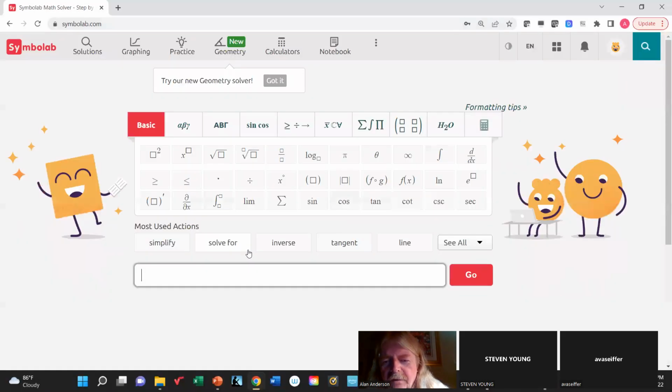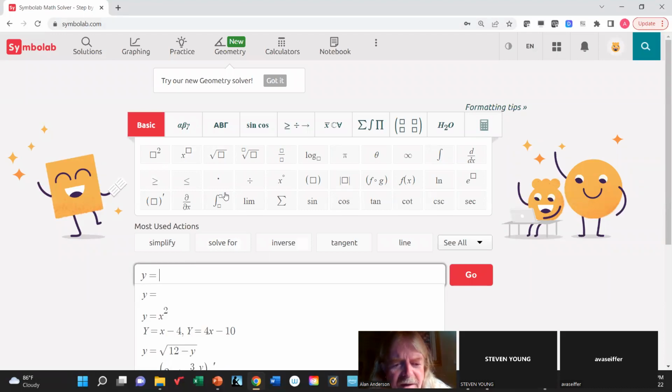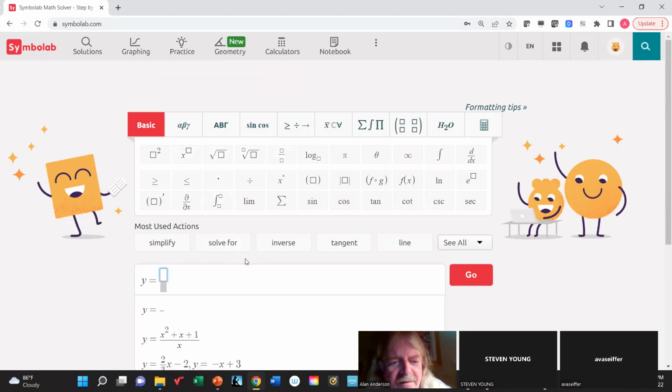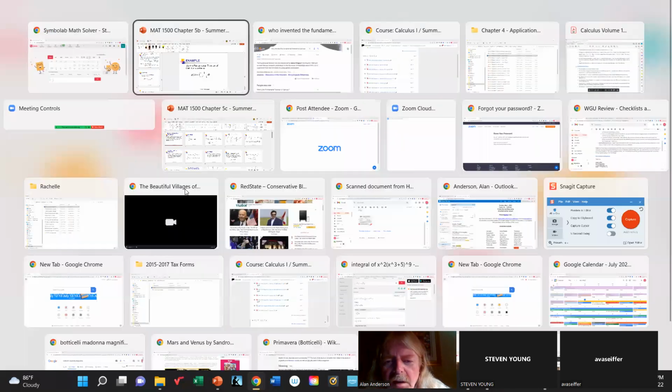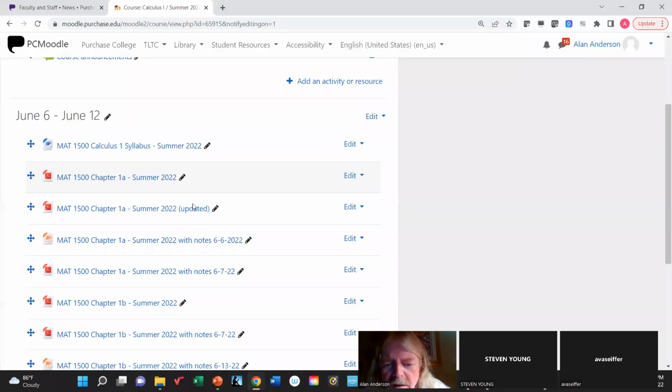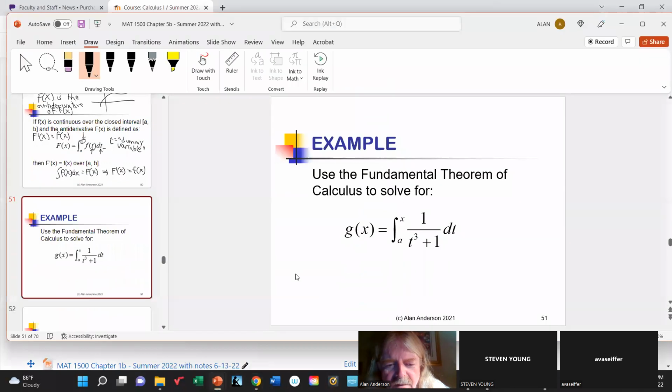So what are we looking at? 1 over. And by the way, Symbolab doesn't care what you call the variable, x, t, whatever the case may be. 1 over t cubed, God, I lost it. Plus 3, I think it was. Plus 1.